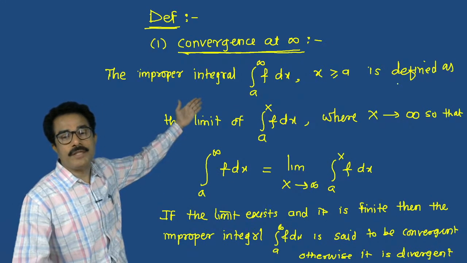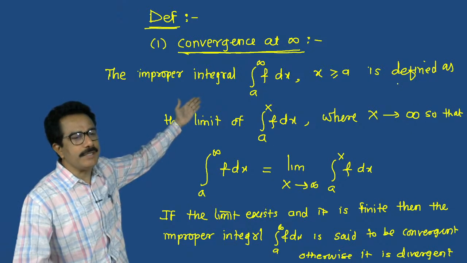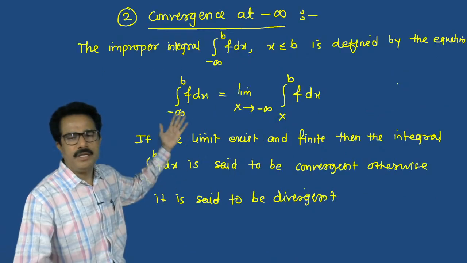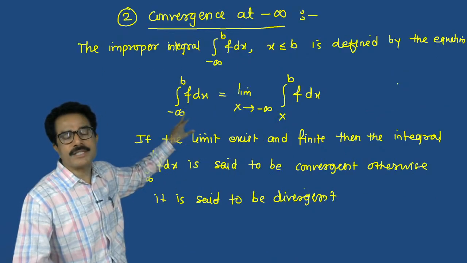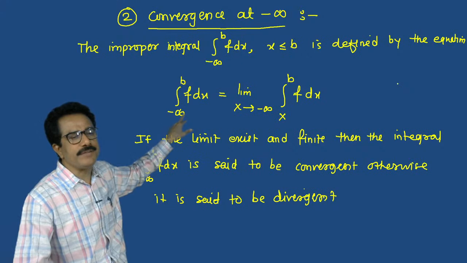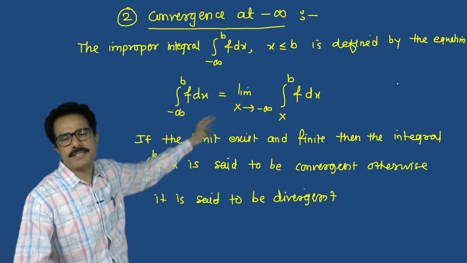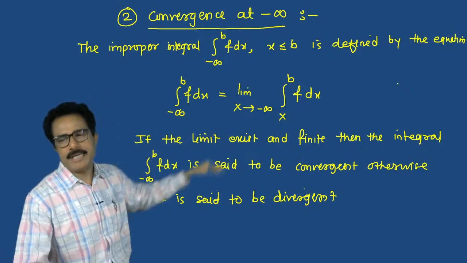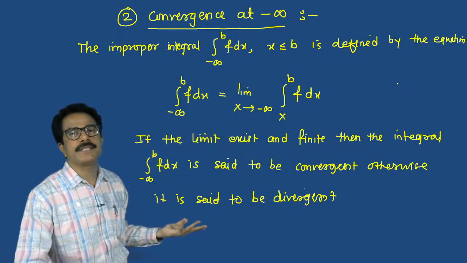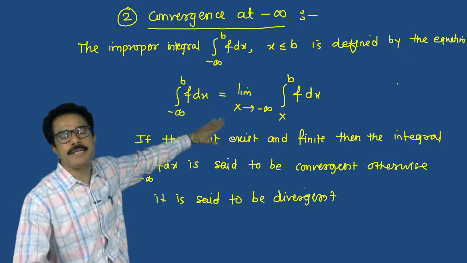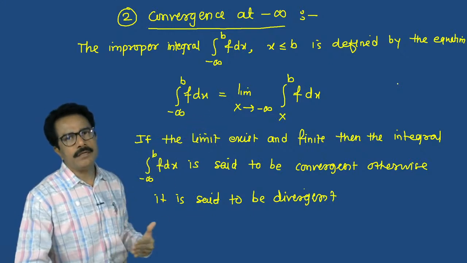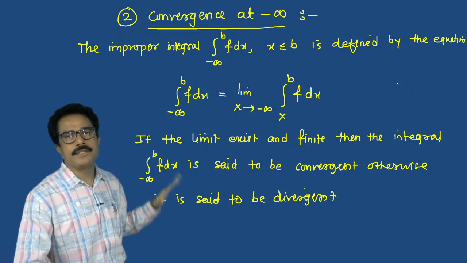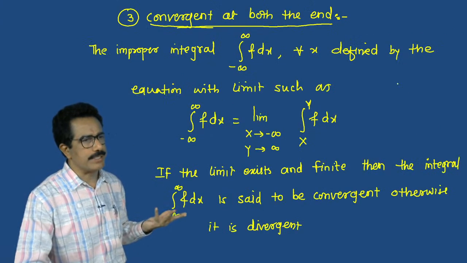We have also defined the convergence at infinity, meaning at the right end, if this limit exists. Also we have studied convergence at the left end, meaning minus infinity: replace minus infinity by capital X and take the limit as X tends to minus infinity. If this limit exists, then the given integral is convergent, otherwise divergent.